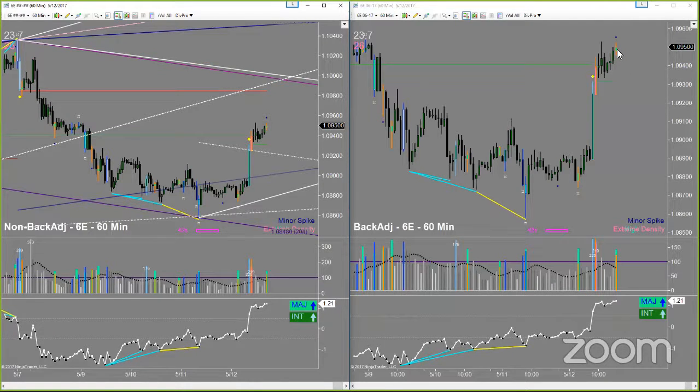Okay, there we go. So this is the kind of erratic action right at the close. We've got just a few seconds left here, 30 seconds left. So hopefully we'll stay below that high, and then I'll be good when it reopens on Monday. Hopefully it'll gap lower.